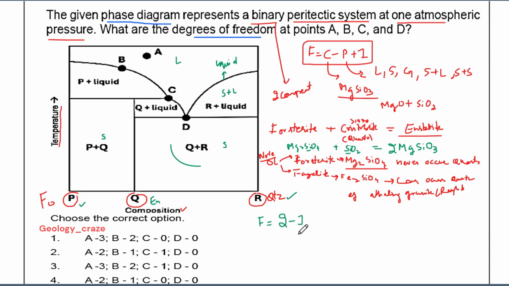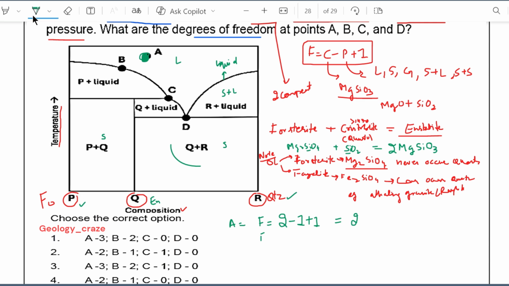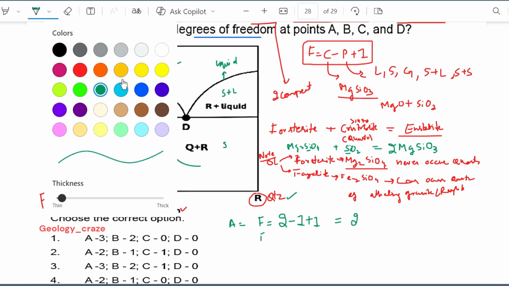So we'll use 1. And 1 is for that intensive variable. So our degree of freedom in this case is, this 1 and 1 cancel and we will get 2, at A. I will darken this part so that you can understand, and I will change the color also.